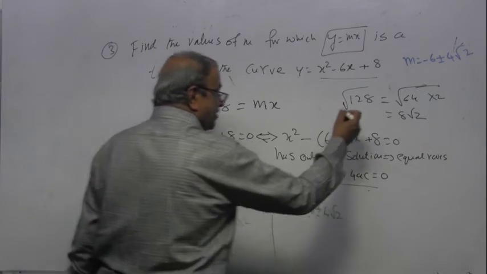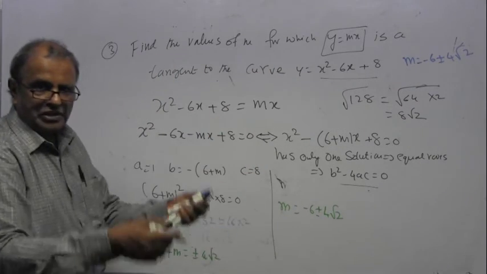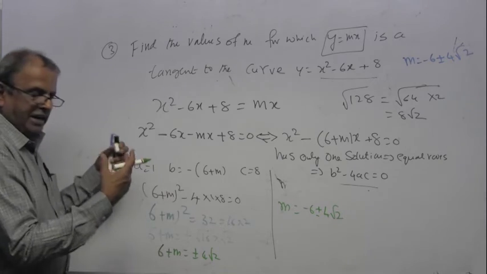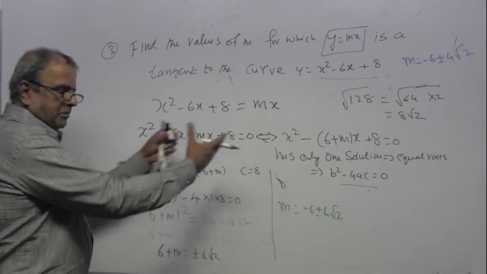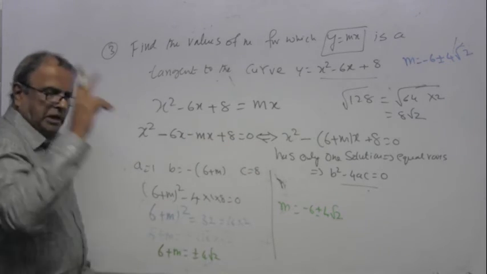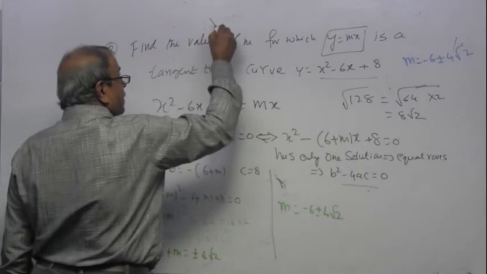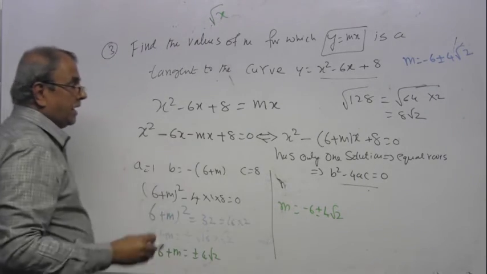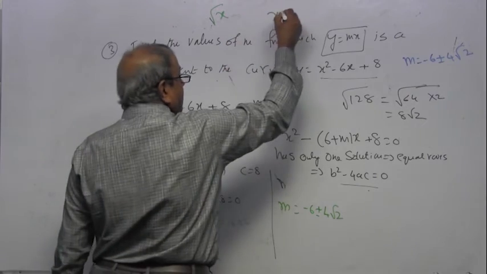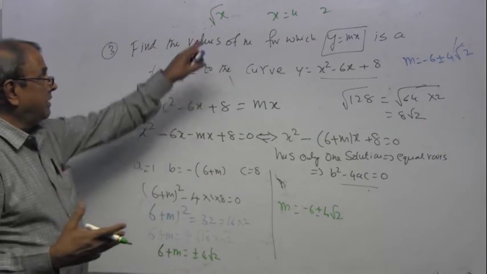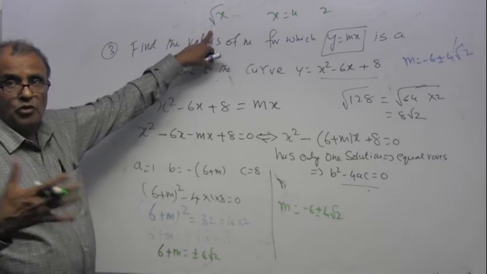So why waste time doing all that quadratic equation formula, everything? Whenever it is a square and a number, for heaven's sake, take the numbers to the other side, take square roots. But remember, this is a common error again. If the question says root x, and if x is 4, your answer is only 2, because it's assumed when you're given root x, root 4 is 2.